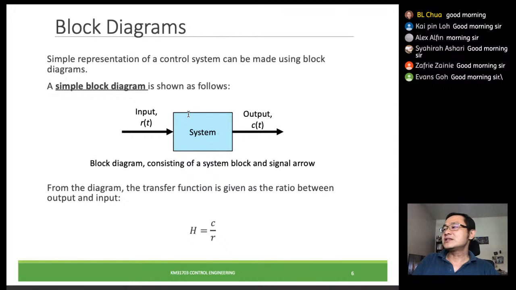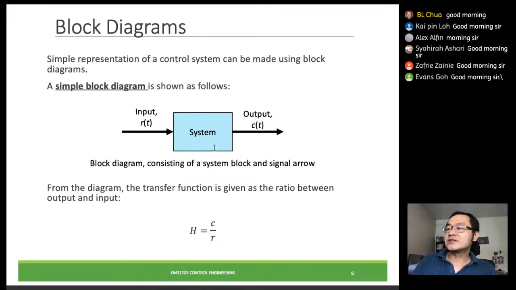This system itself is where we would usually write our transfer function. After the input goes through this transfer function, it gets transferred and results in an output. So this is a simple block diagram that consists of a block and the signal. You can see that the signal flow or direction is signified by the direction of the arrow.